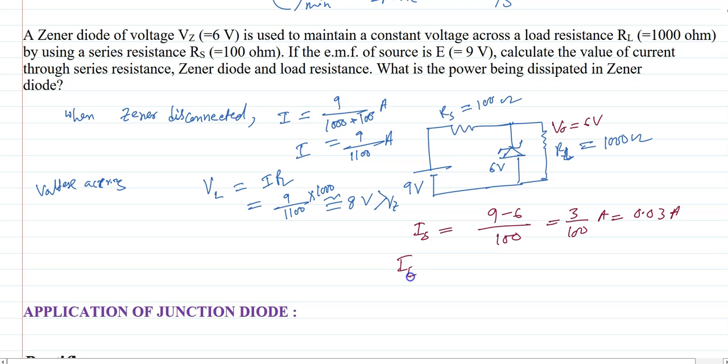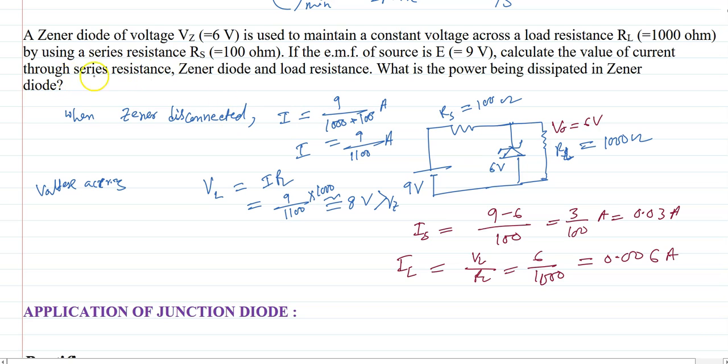The current through RL, IL, will be VL by RL. VL is 6 volt, since now the Zener is connected, the voltage across RL is always 6 volt, whereas when the Zener is not connected the voltage across RL becomes 8 volt. So 6 by 1000 will be 0.006 ampere.